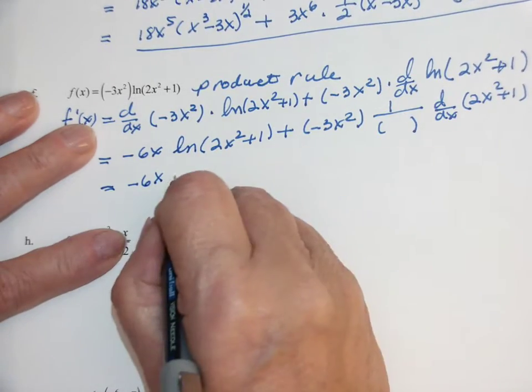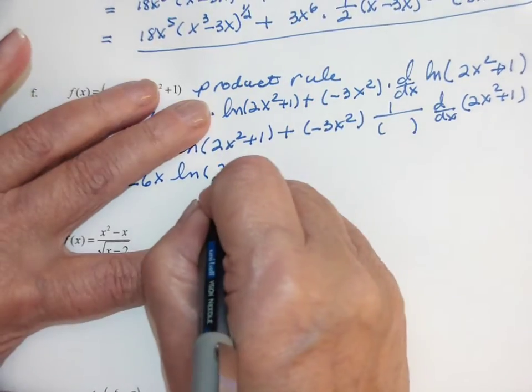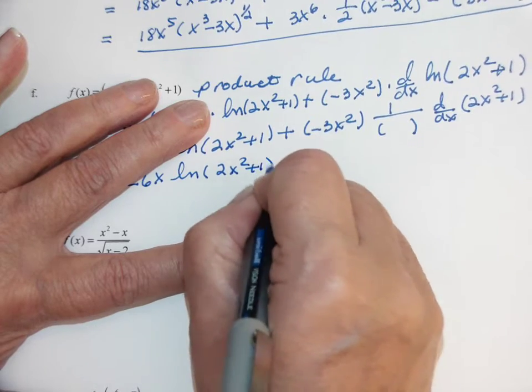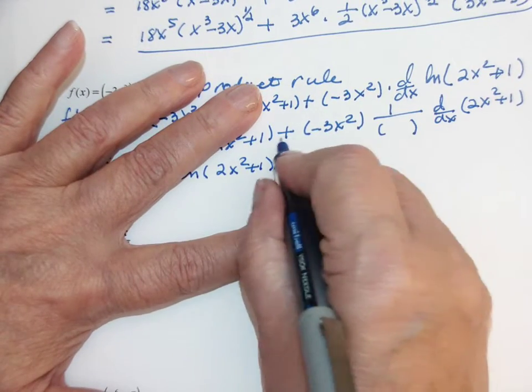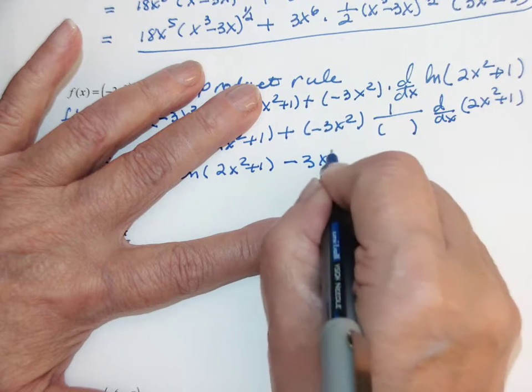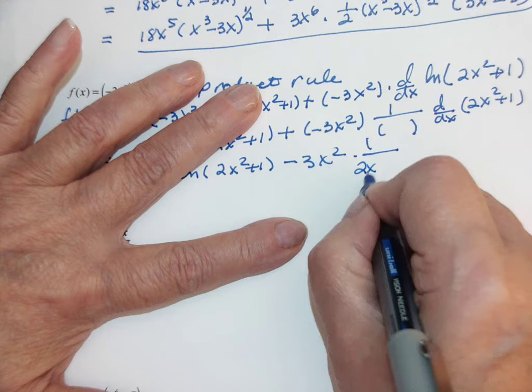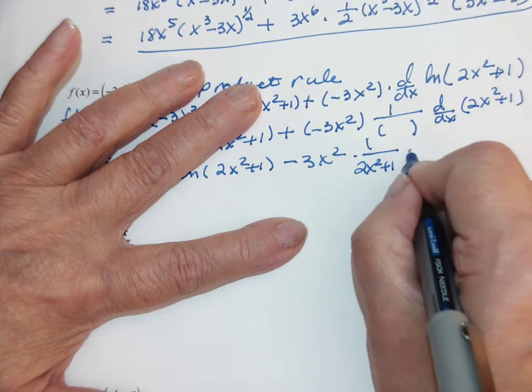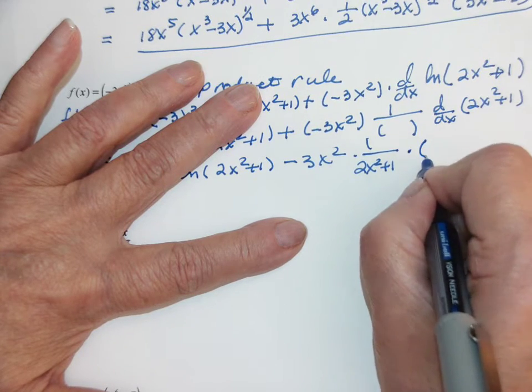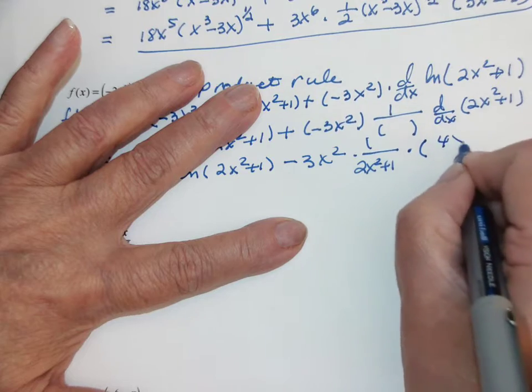I don't see any dx's there, so I just continue on. Now, plus and a minus is a minus. 1 over the blob times the derivative of the blob, which is just 4x.